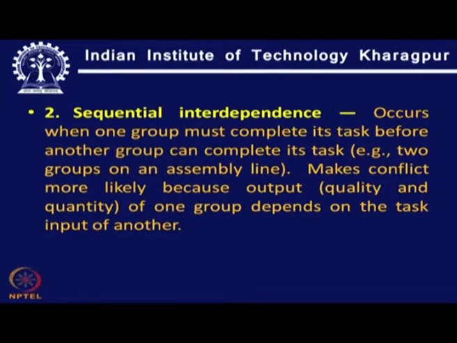The second type is called sequential interdependence. In sequential interdependence, the interdependence is in sequence. One group must complete its task before another group can complete a particular task. It is all there in that chain.